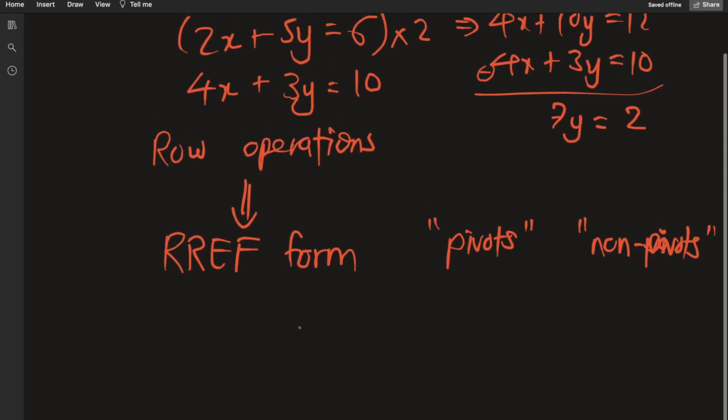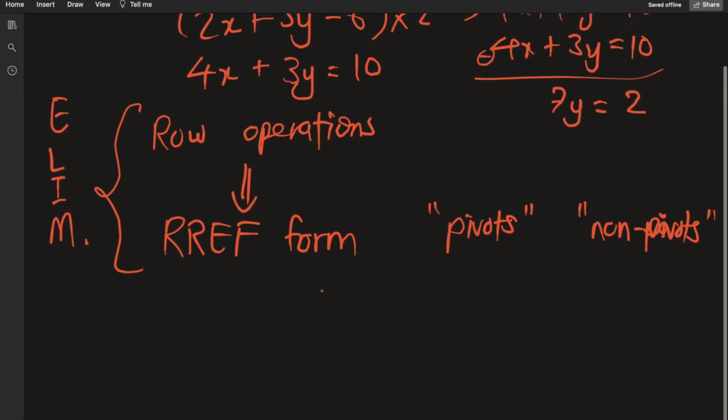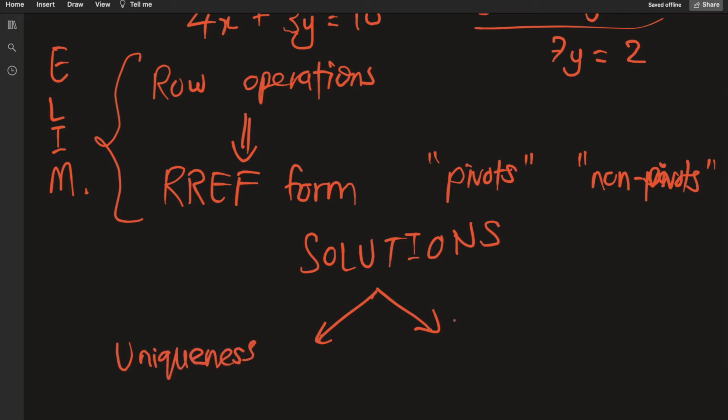Okay, so now we're going to use this exact strategy of elimination, I mean, all this comes under elimination, to solve systems of linear equations. And when we talk about solutions to systems, the entire discussion is focused on two ideas: uniqueness of solutions and the existence of solutions.